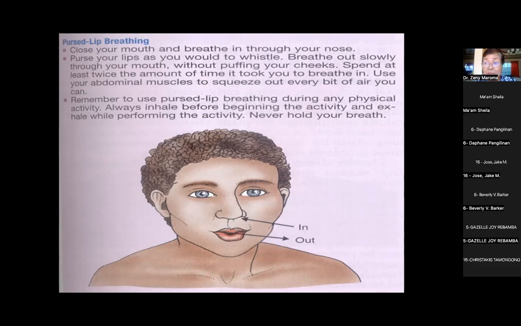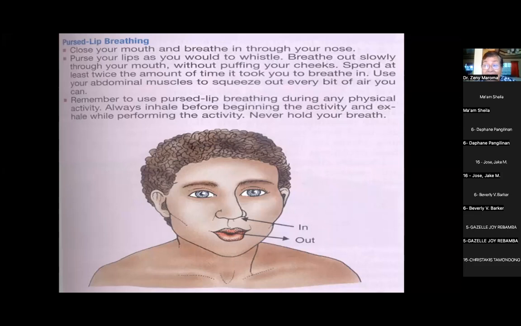Parang, in simple terms, birthday, blow the candle. Mag-wish muna. Ayan, tapos, blow the candle. Hindi yung ang bilis. Okay? So, mas mahaba yung exhalation kesa inhalation. Yun ang pursed lip breathing.